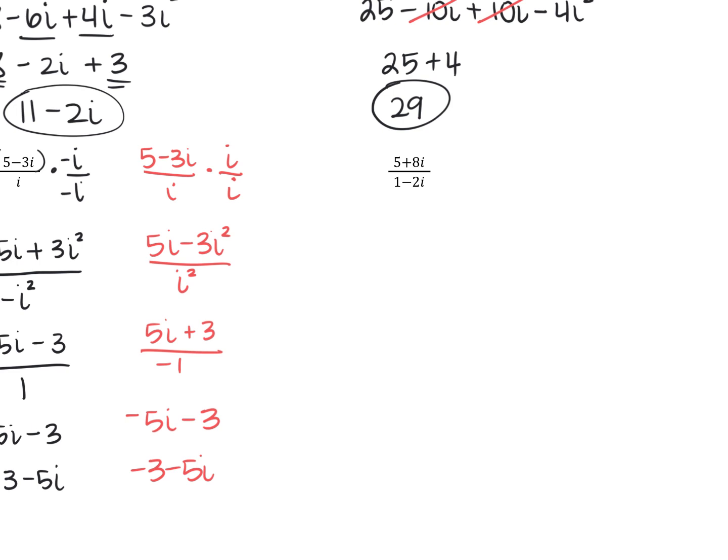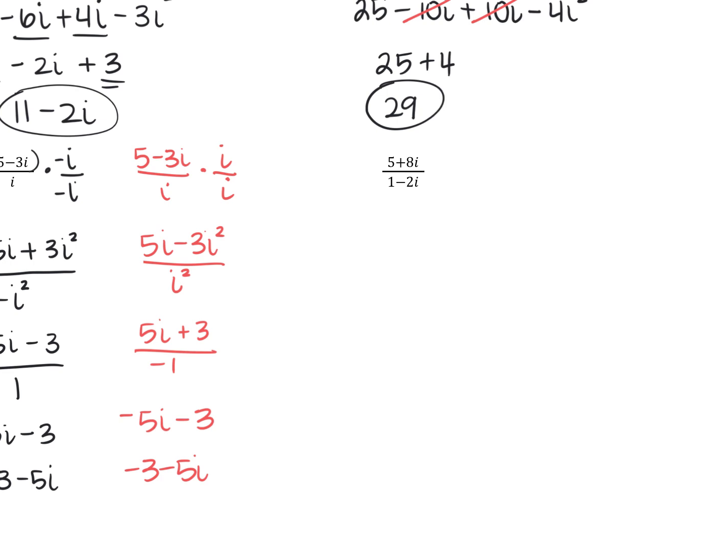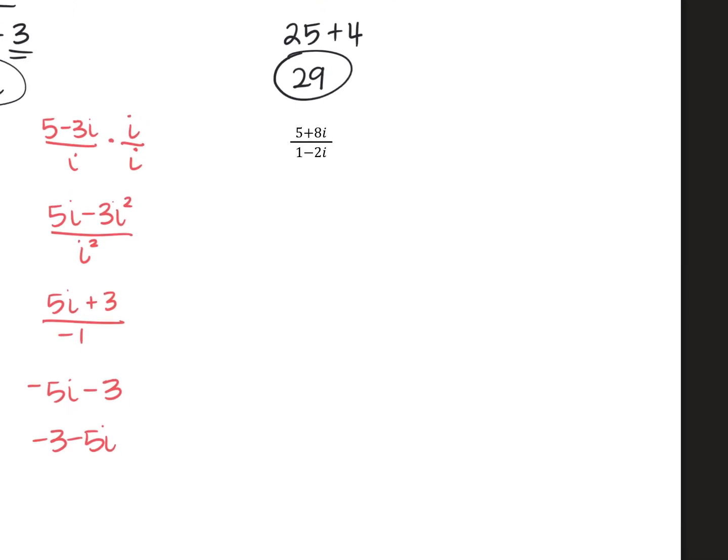It works the exact same way as a regular conjugate. It's just the opposite operation of what's in the denominator. So the complex conjugate that I'm going to multiply my numerator and denominator by is 1 plus 2i. It does the exact same thing as when we were rationalizing the denominator with radicals. It gets rid of the imaginary number.